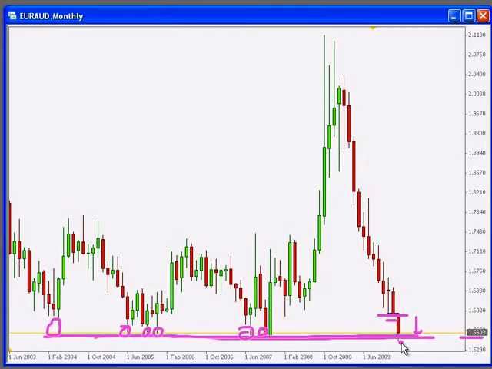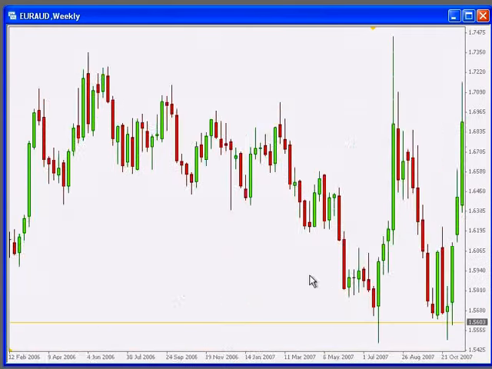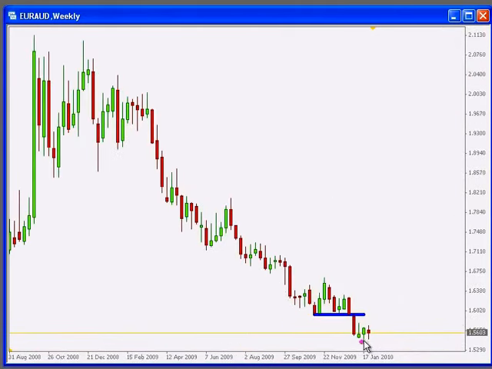You would be selling against long-term support. Not a good idea. In fact, see how price touched that level, all right? Touched that level there, and now it's retracing back up. We may see that better on the weekly time frame. You see? Touched that level, and now it's come back up quite a bit, all right?